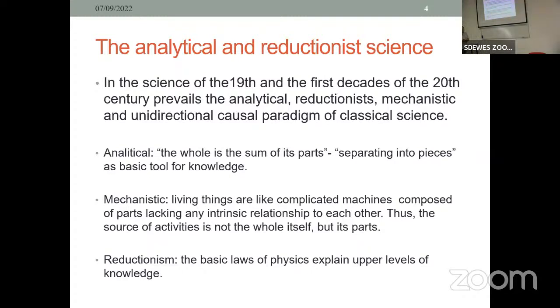Analytical means that in that period the whole system was understood just like the sum of the parts. So if we have, let's say, this classroom, from an analytical point of view, we are just a collection of many people, each individual, each table, each chair, and whatever.